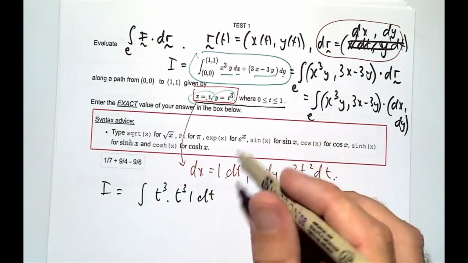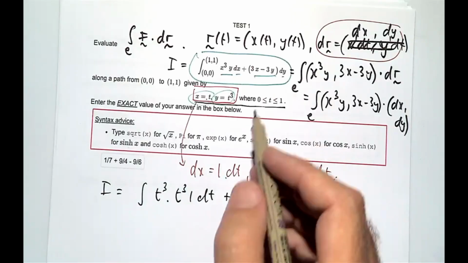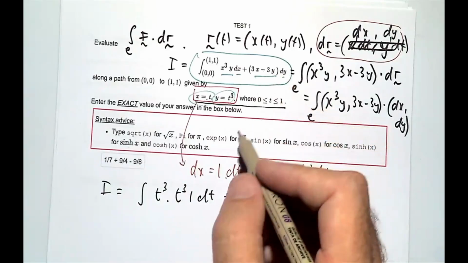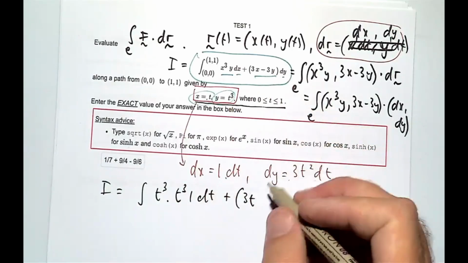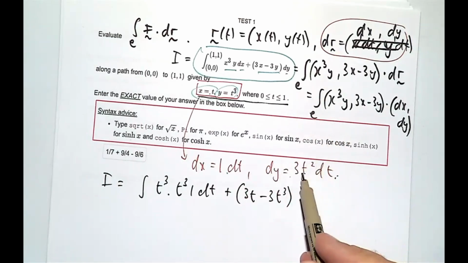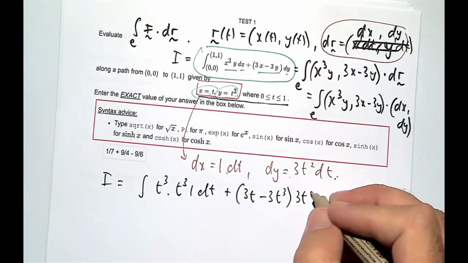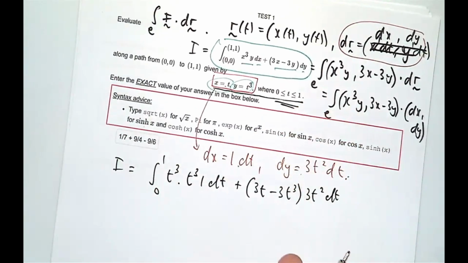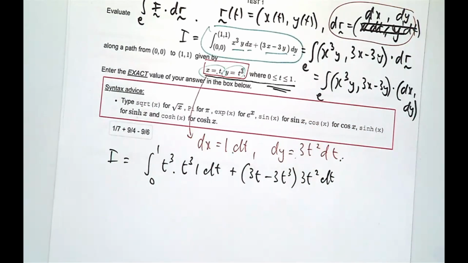Okay, now over here, 3x is going to be 3t, 3y is going to be 3t cubed. And dy is 3t squared dt. And we're integrating from t equals 1 to 0. So now it looks a bit weird because you've got 2 dt's, but you can just factor them out.